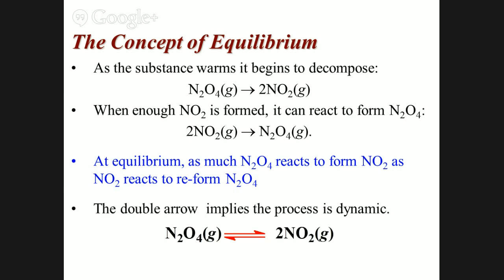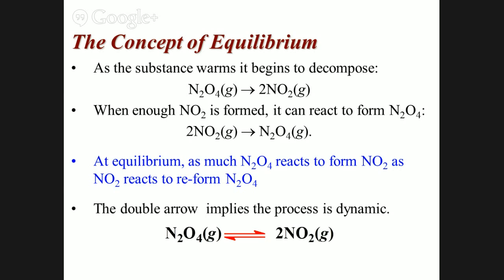At equilibrium, as much N2O4 reacts to form NO2 as NO2 reacts to reform the N2O4. The double arrow implies it's dynamic.